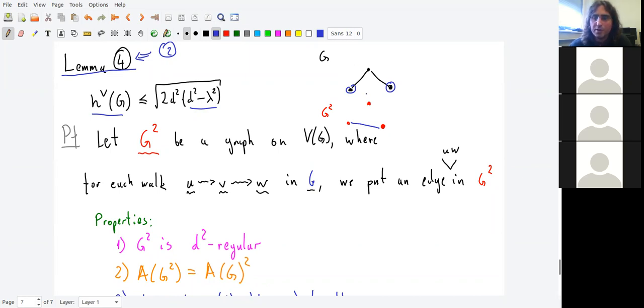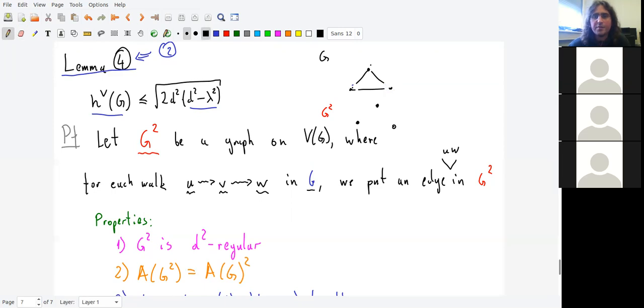But also there is a walk back, from W to U, so there will actually be a double edge here. No, sorry. Maybe let's make it regular so that I do not miss something. Let's make it a triangle. Sorry for the mess.